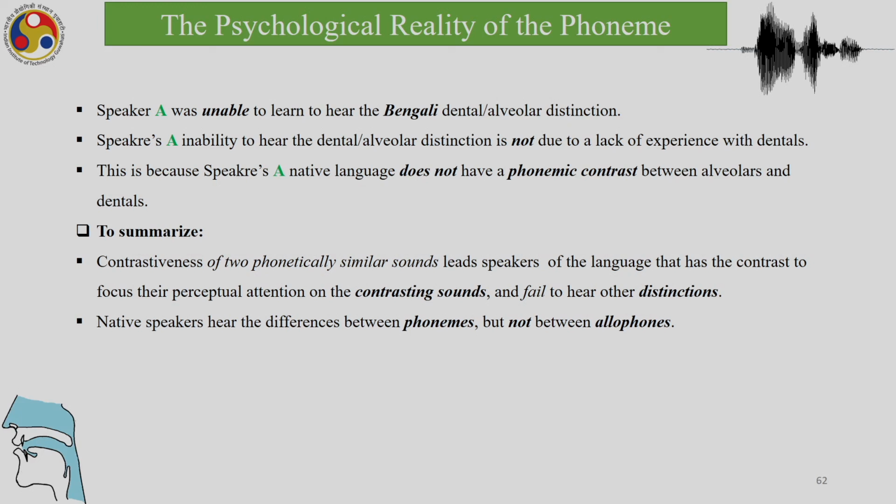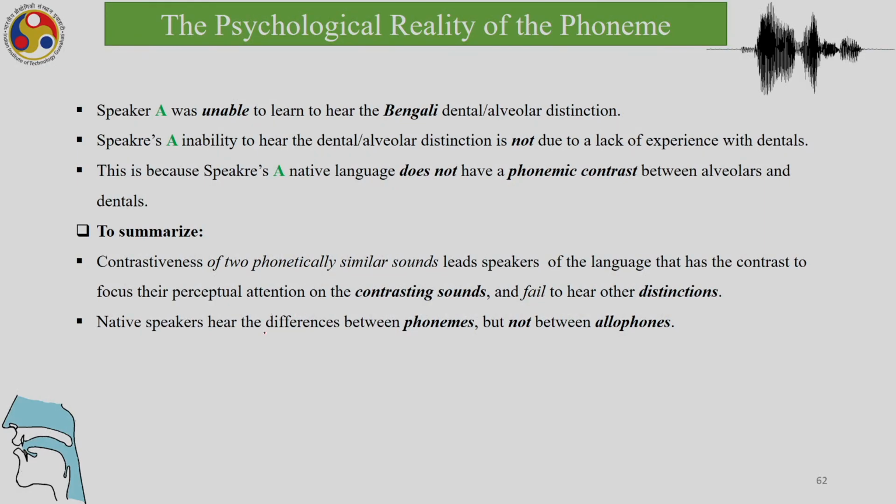So this shows something very important: the contrastiveness of two phonetically similar sounds leads speakers of the language that has the contrast to focus perceptual attention on the contrasting sounds, and they fail to hear the distinctions. Native speakers hear the differences between phonemes, but they do not hear the difference between allophones.